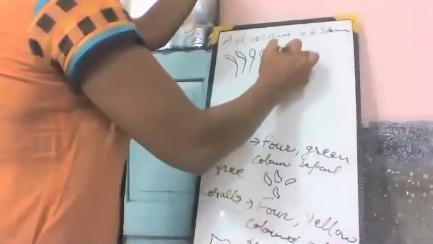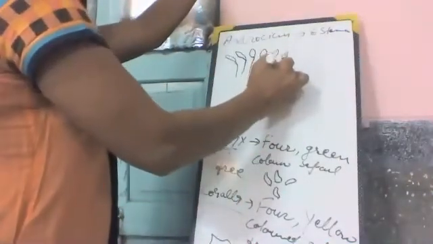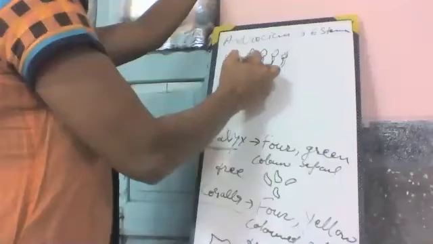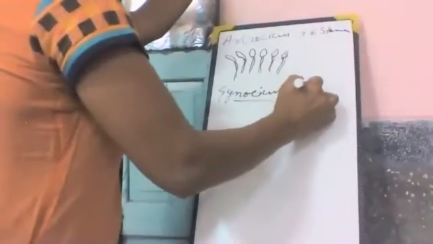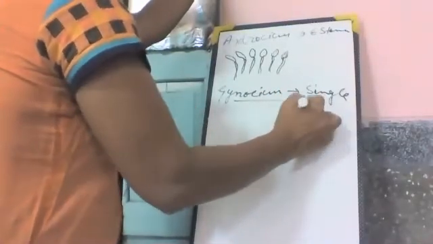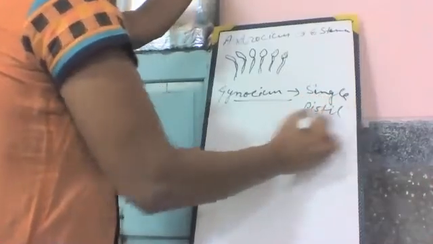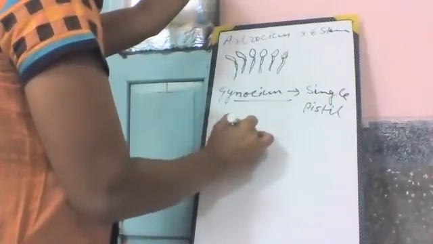This is the anther sac and they have pollens here. This is the filament. And now gynoecium. Gynoecium consists of a single pistil. It has only one pistil.